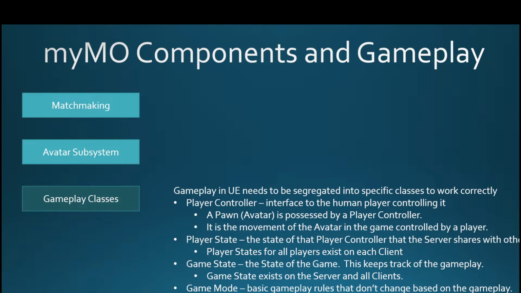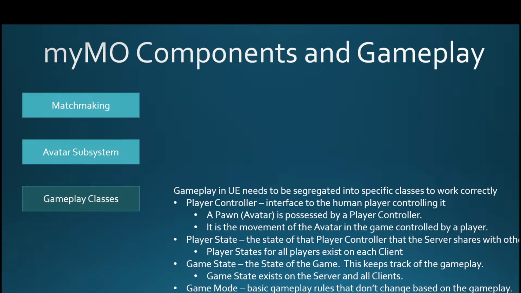Basically, the blueprint editor is nothing more than a source code editor. In order to do a multiplayer game correctly, you need to make sure that you've packaged your game up into the right classes, because different classes have different access to different pieces of the API and are run in different places.